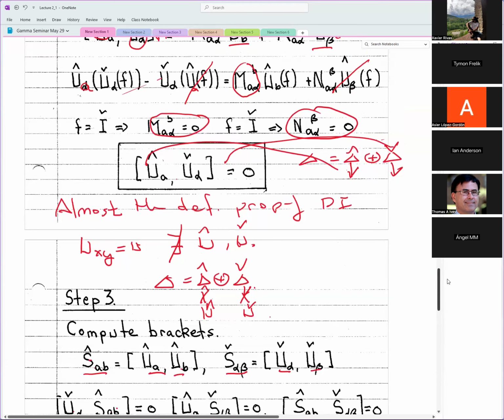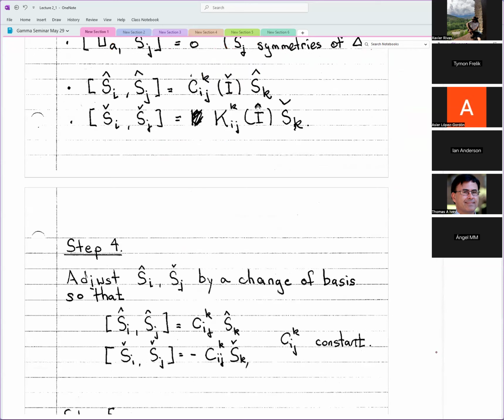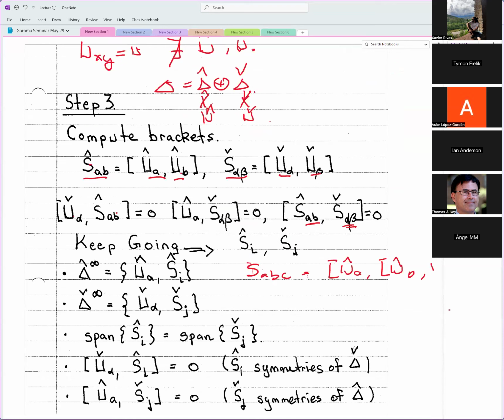Okay. And now we want to iterate this process again and again. So for example, we might do something like this. We might let S, A, B, C be U hat A, U hat B, U hat C. And then you might take more iterated brackets and so on.